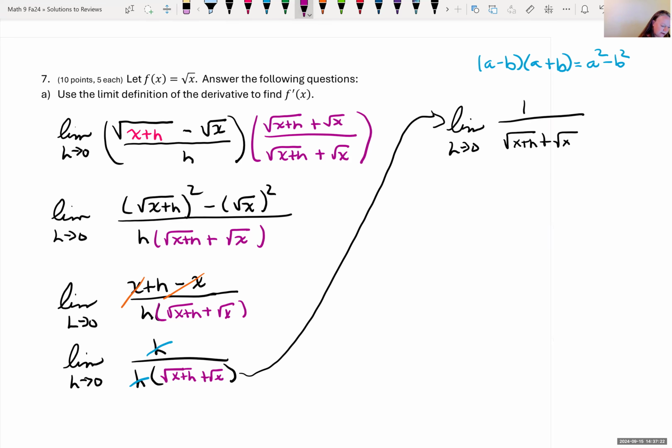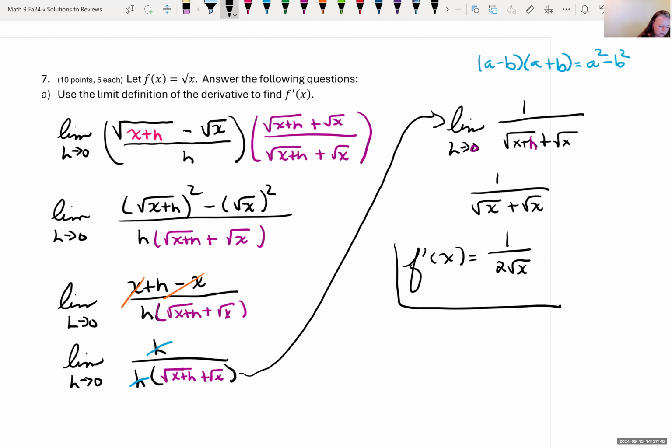Going in there, wherever we see an h, we're replacing it with 0. I'm going to drop my limit because I am taking it right now. So 1 over the square root of x plus the square root of x is 1 over 2 square roots of x. And this is the derivative function of f of x. So f prime of x is equal to 1 over 2 square roots of x.